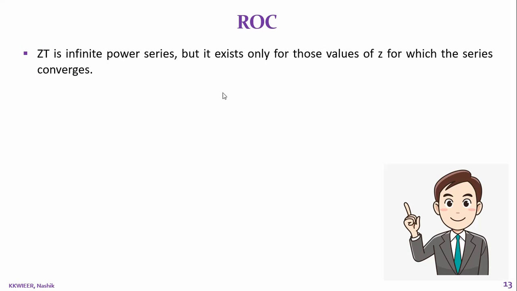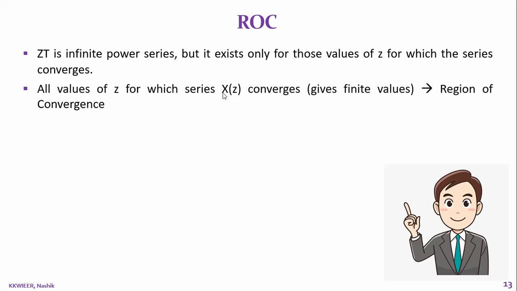Now what is the ROC? What is this region of convergence? The Z transform is an infinite power series, but it exists only for those values of z for which the series converges. All the values of z for which the series x of z converges, which gives finite values, are known as the region of convergence.